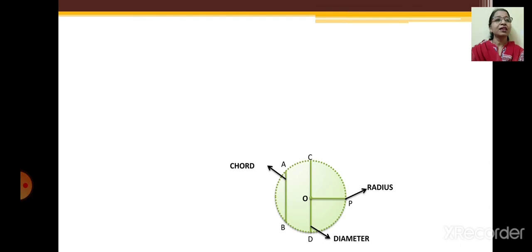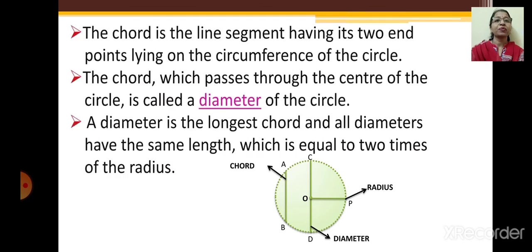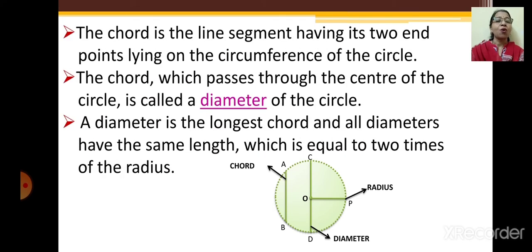Now we'll see the different components of the circle. You know this, let us quickly revise. So here the chord is the line segment having 2 endpoints lying on the circumference of the circle. So in the diagram, segment AB represents chord.